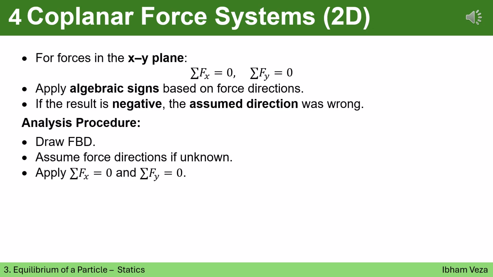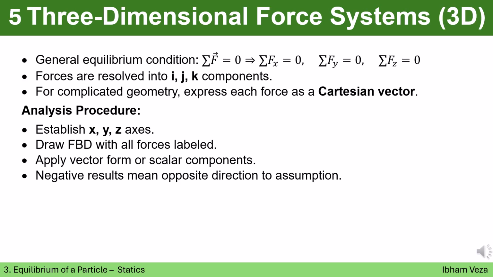If the direction of an unknown force is uncertain, assume a direction and proceed with the calculations. If the computed result is negative, it simply indicates that the actual force acts opposite to the assumed direction. This approach simplifies the analysis of two-dimensional equilibrium problems.